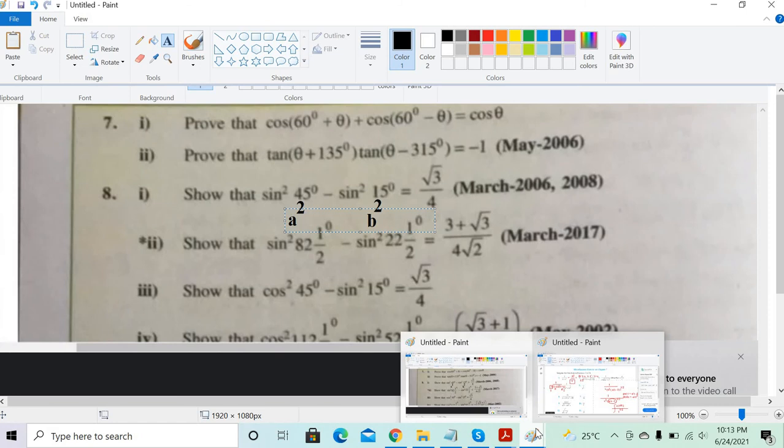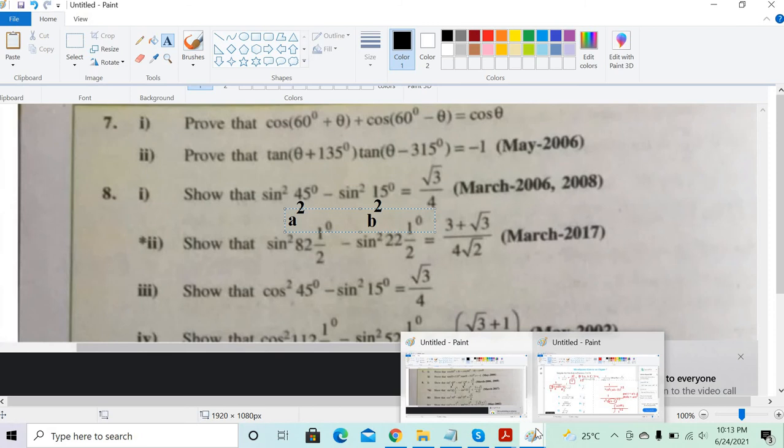No problem. So let's see after that what you will get now. You applied the formula and then, okay, what is the value you got for this part?